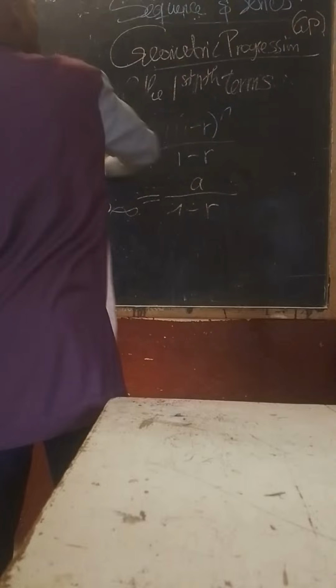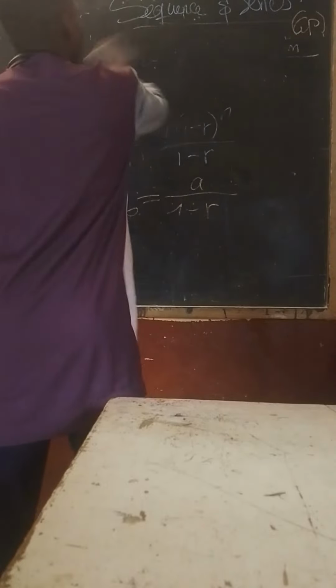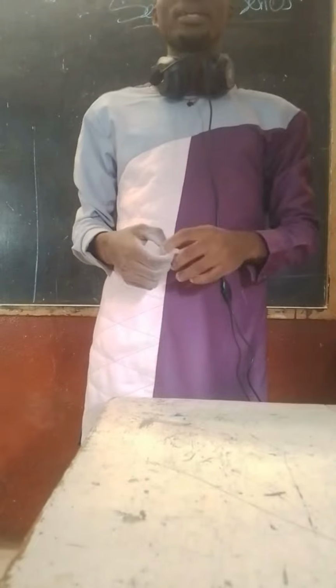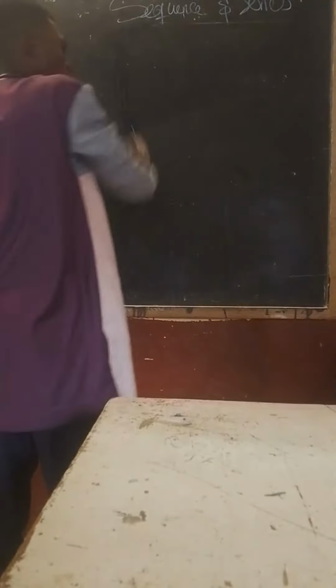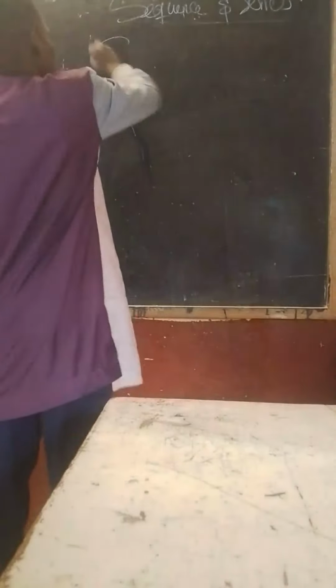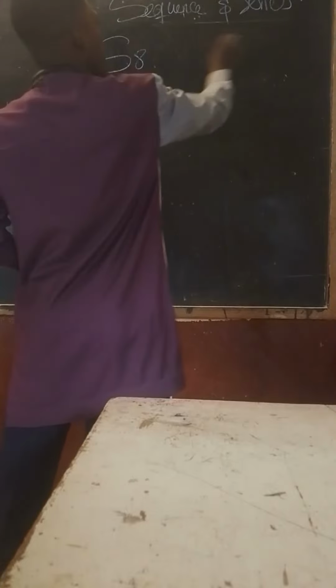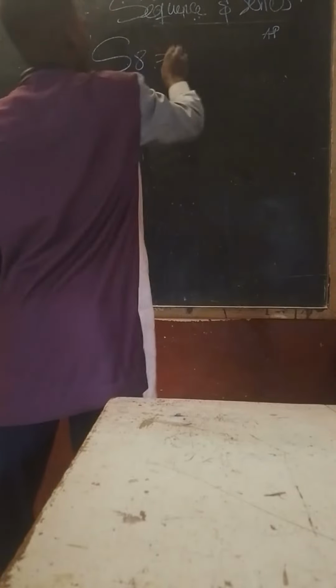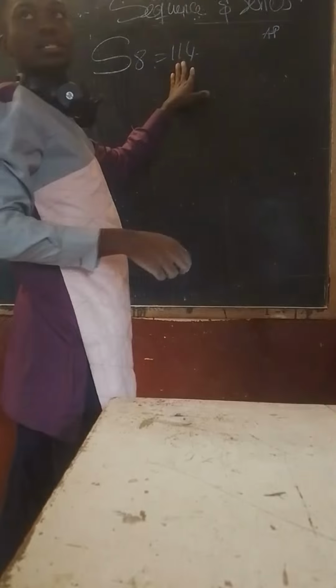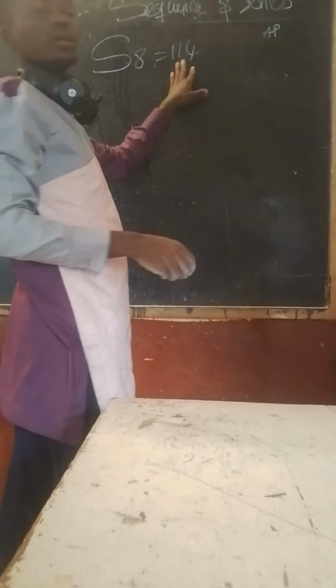Okay, read that our question now. So sequence and series is formed. Any question in sequence and series, you're the best person that can answer it. The sum of the first 8 terms of an arithmetic progression is 144.